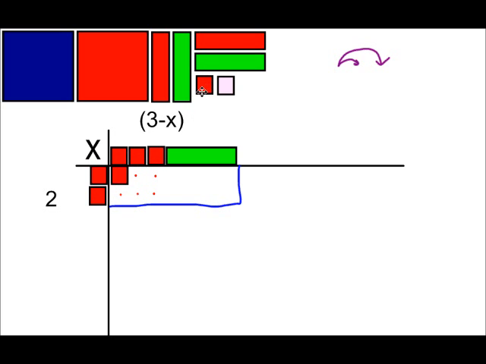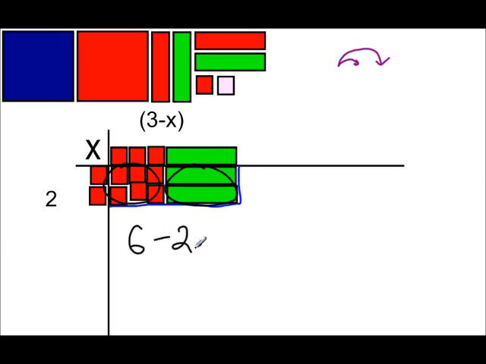So there's 1, 2, 3, 4, 5, 6, right? And then we also have 1 times an x tile. So I'm going to have an x tile there and another x tile. Okay? So that means that here I'm going to have x and x. And that actually gives me my answer, right? So I've got 6 and I've got negative 2x.